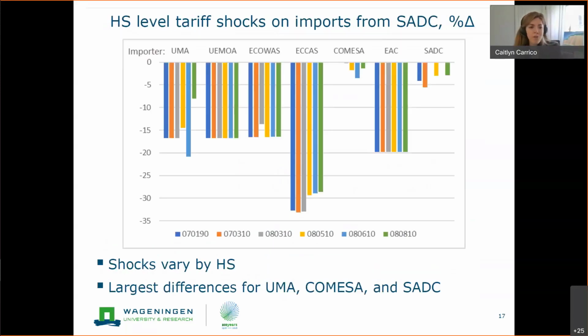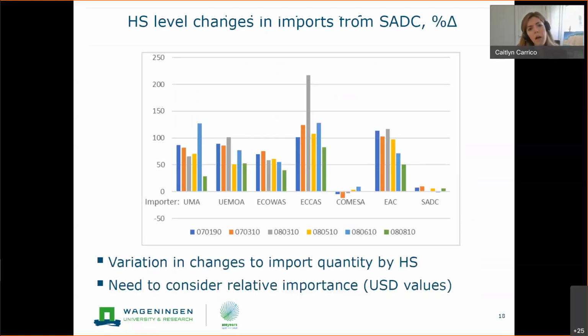Now, these are the tariff level shocks, and you can see that for some countries we don't have much variation, but for other regions, such as UMA and COMESA and SADC, we have quite a bit of variation. So once we do the liberalization, we're looking at 2 components: the fact that we have varying tariffs and we have varying underlying trade flows as well.